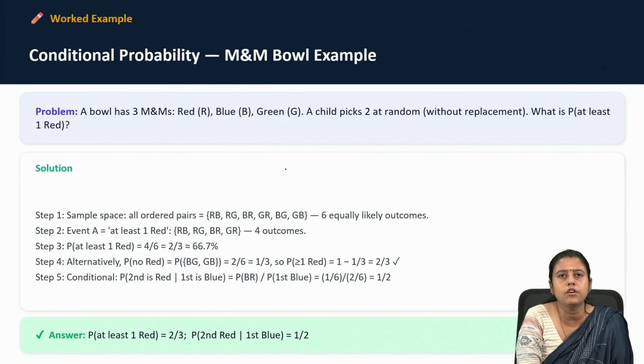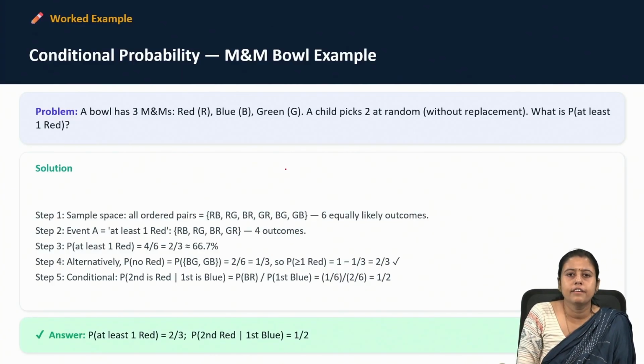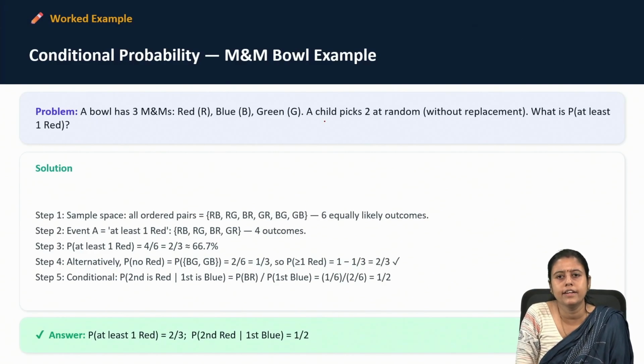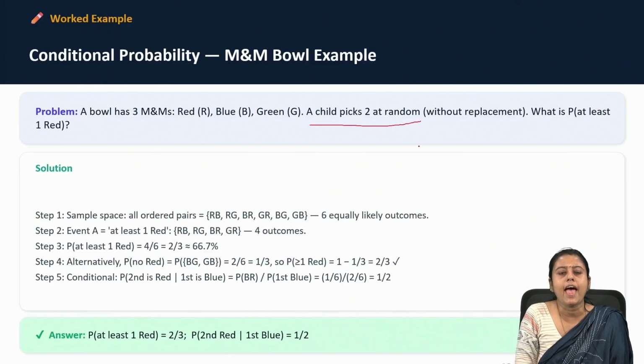First we will start with conditional, which means one thing depends on a condition. We will take one example here. A bowl has 3 chocolates: red, blue and green. A child picks 2 at random, any 2. It may be red, blue, it may be blue, green, it may be green, red, like this. What is the probability that at least one is red?